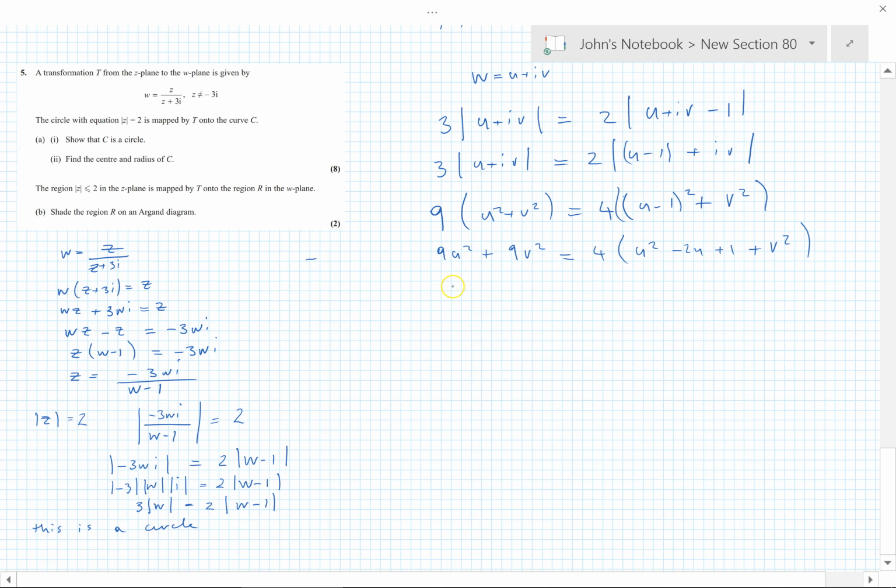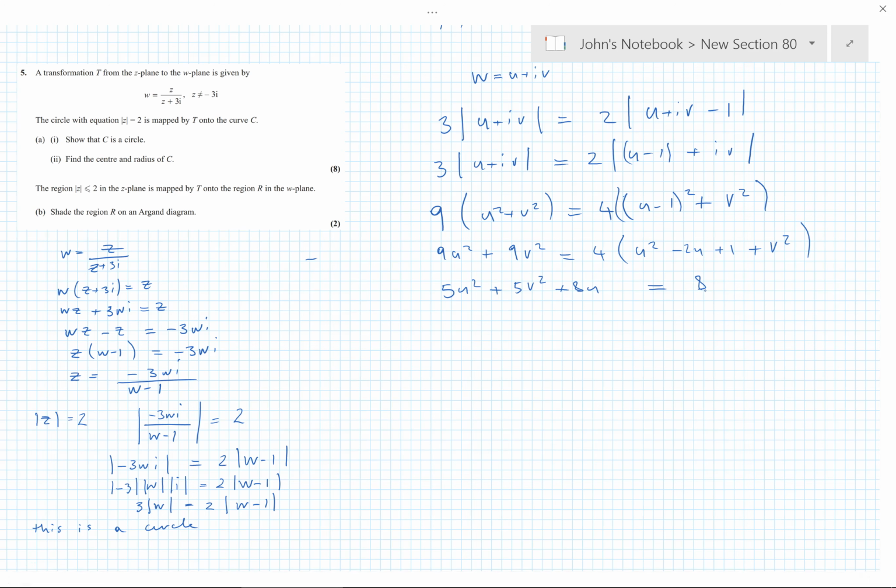So bringing that all together, we're going to get 5u squared plus 5v squared, and then we've got minus 8u, so that's plus 8u, equals to 8, I think. Yeah, minus 8u plus 8u.